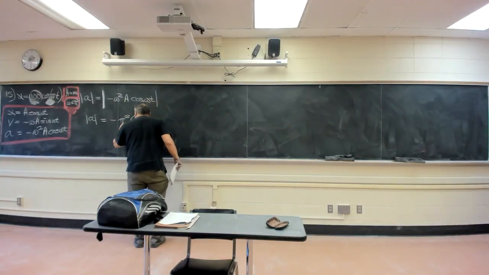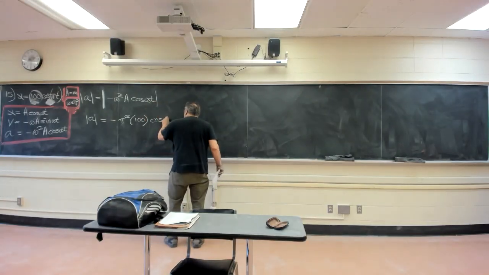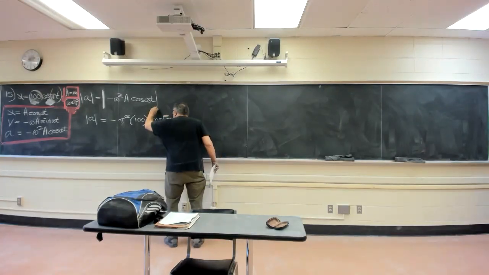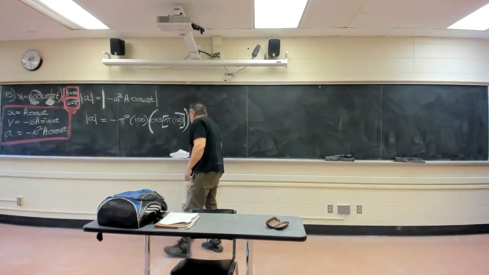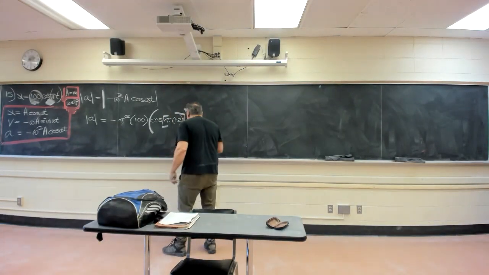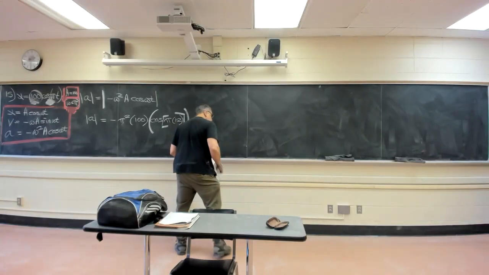You square pi, you get close to 10. 10 times 100 is 1,000. That's negative 1,000 times the cosine of pi times 12 seconds. And this has got to be in radians. So be extremely, extremely careful when you're doing this. Pi times 12, you guys.